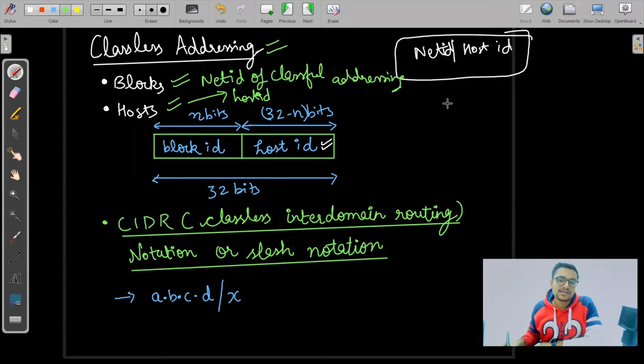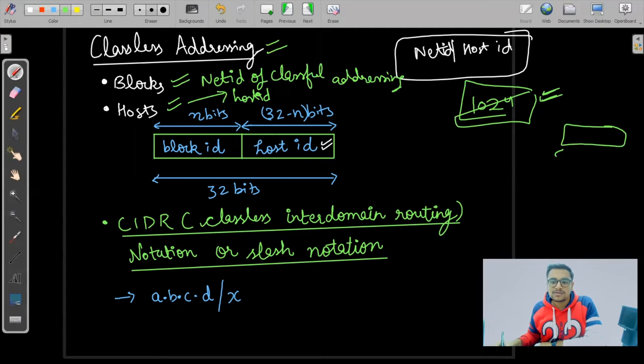In classless addressing, suppose you require 1024 hosts or devices in your particular network. What will you do? You will allocate the last 10 bits for the hosts, and the rest of the bits for the identification of the particular network.